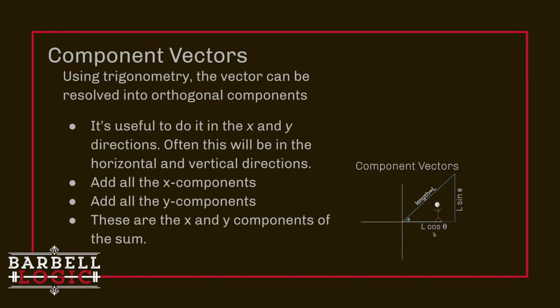So you get out your calculator, which will have cosine and sine buttons on it. May have to play with it and get used to how to use it. Then what you do is you take the length L and you multiply it times the cosine of this angle, and that gives you the component of this vector in the x direction. You do the same thing in the y direction with the sine rather than the cosine.